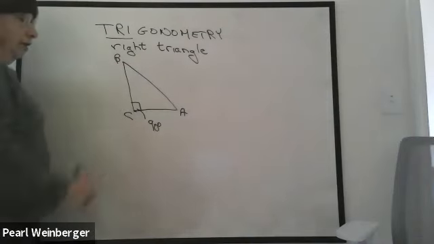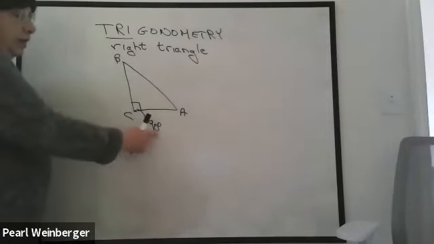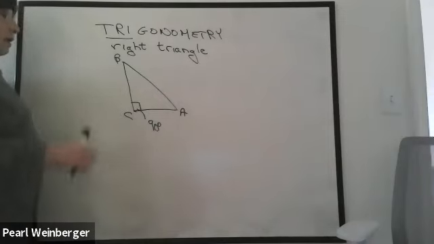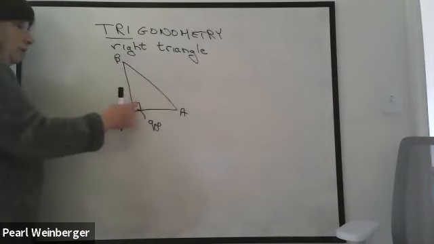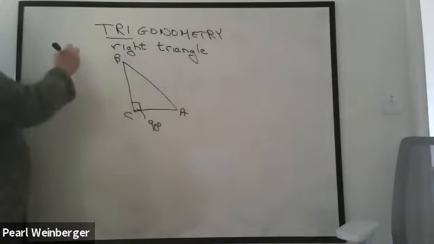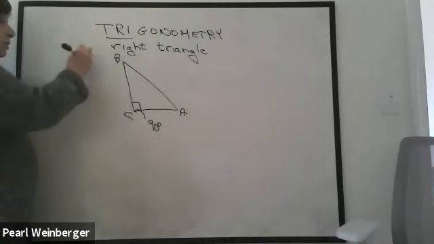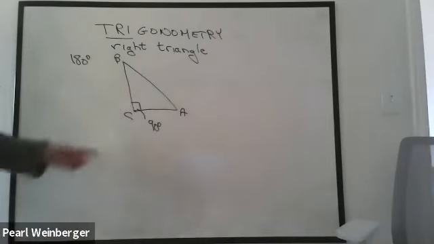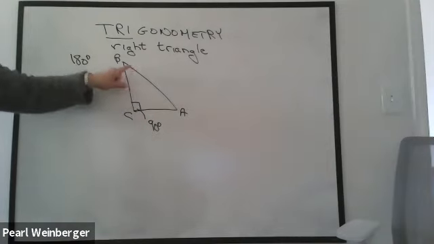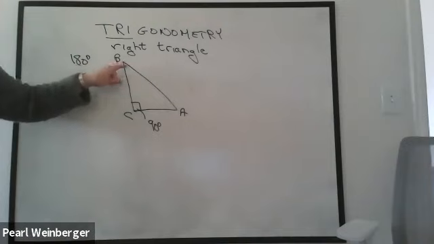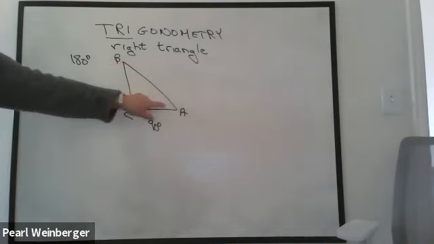A right triangle, a triangle in which one of the angles is a right angle. Now, you may remember from previous courses, if you add up all 3 of the angles in the triangle, all 3 add up to 180. So in this case, if one of your angles is 90 degrees, the other 2 have to also add up to 90.